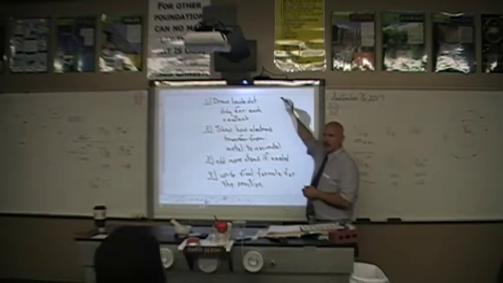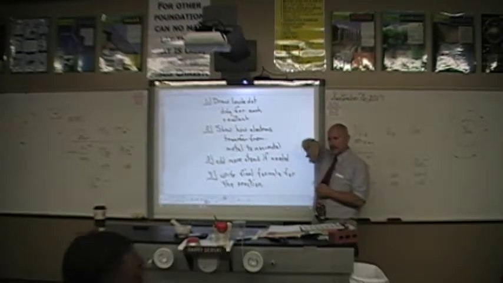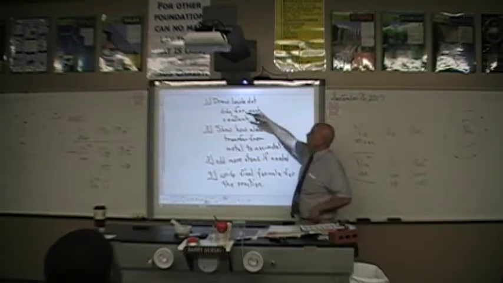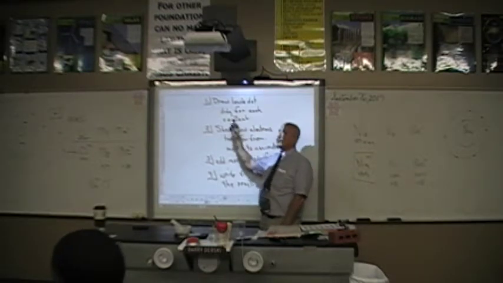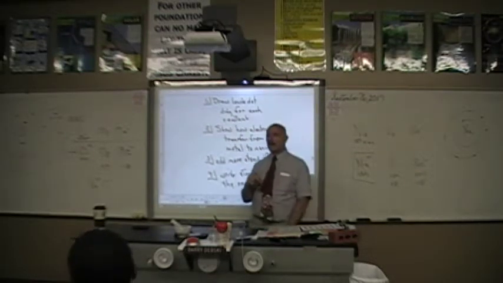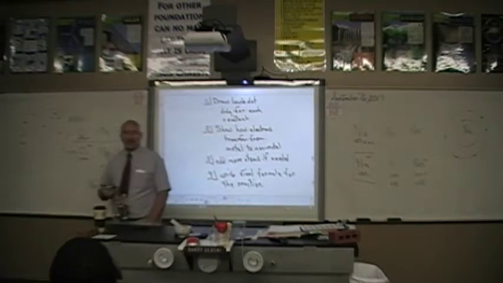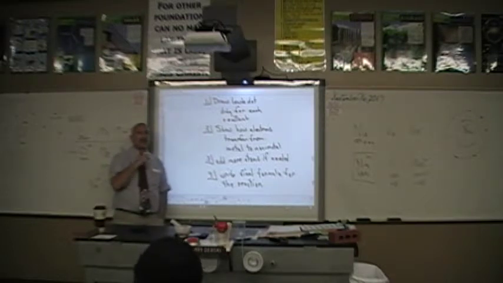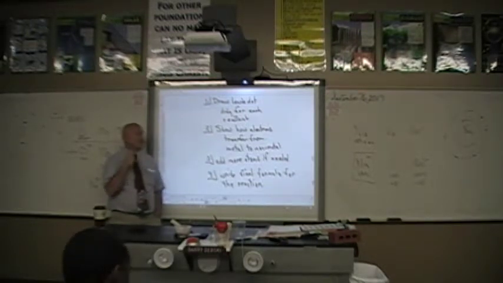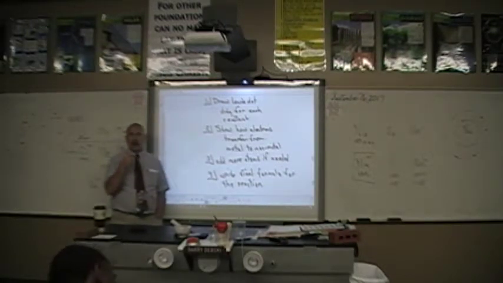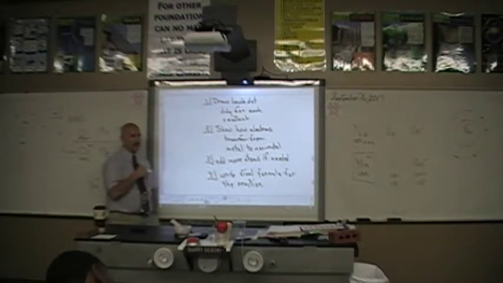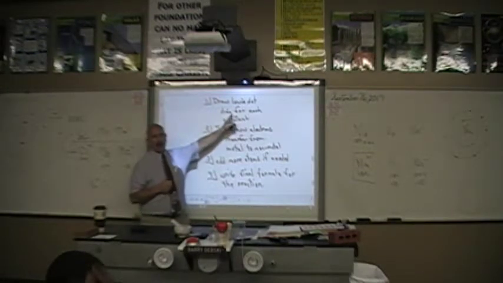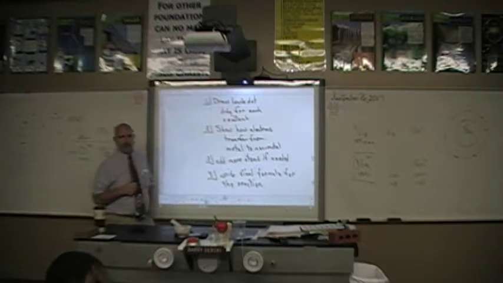So the first step, and we'll go do a couple problems after you write these down. Number 1, draw the Lewis dot diagram for each reactant, each of the elements. So step number 1, and please number these in your notes, put a big box around it because you're going to need to remember these steps. Number 1, draw a Lewis dot diagram for each reactant. I've abbreviated diagram as diag here.